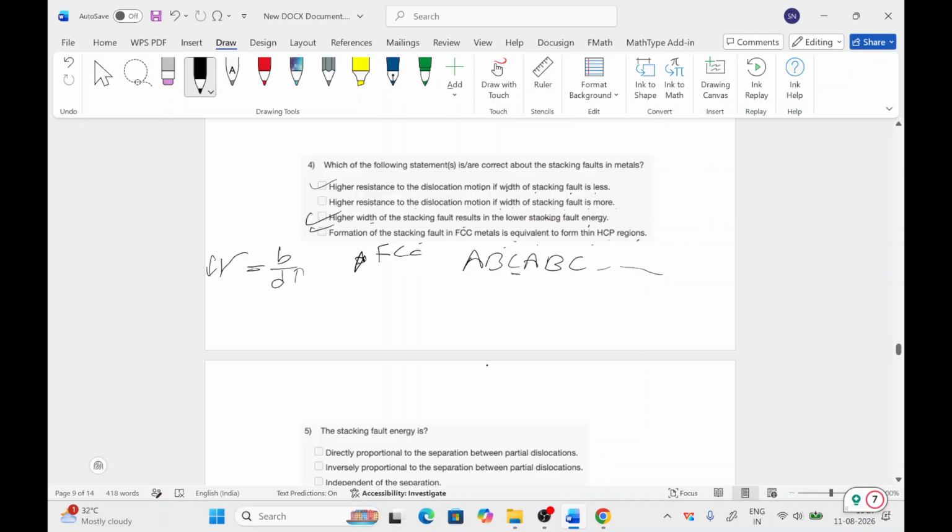If we replace the C plane, it will be ABAB, C, A, B, A, B, and C. The ABAB structure is that of HCP metals. So the stacking fault changes. That's why the fourth option is also correct.